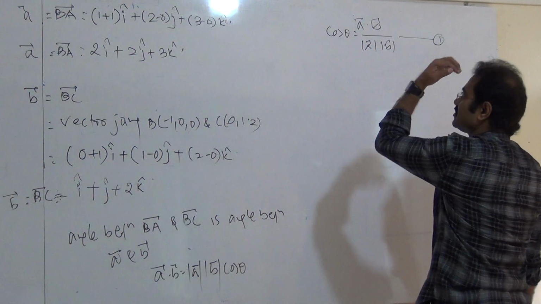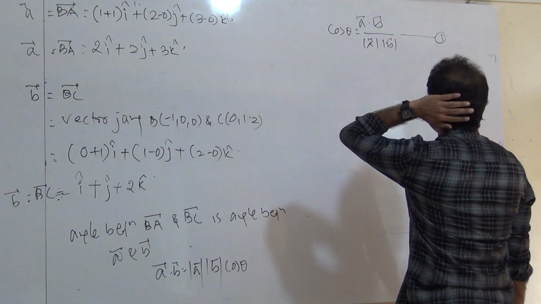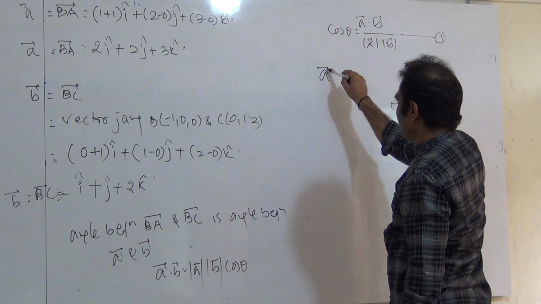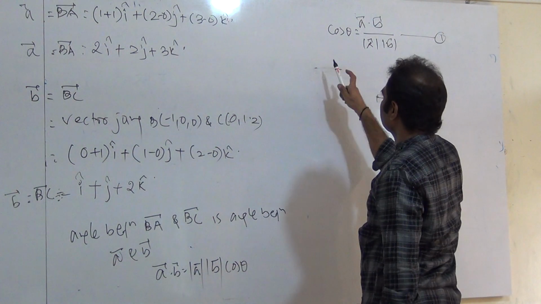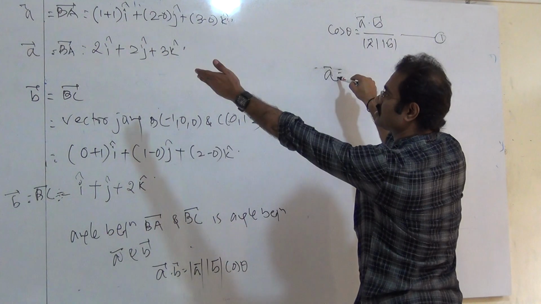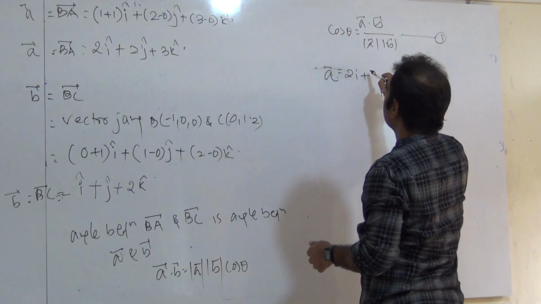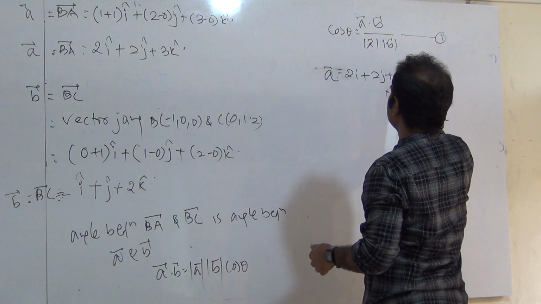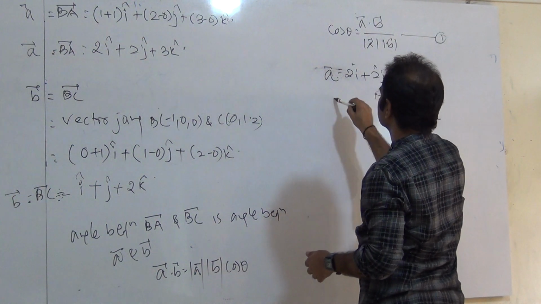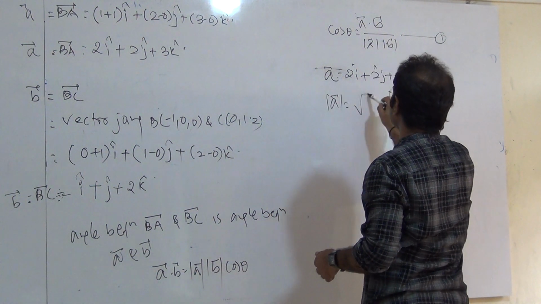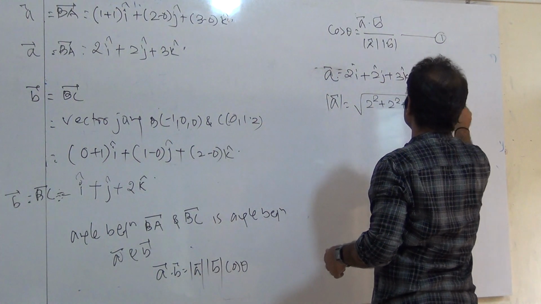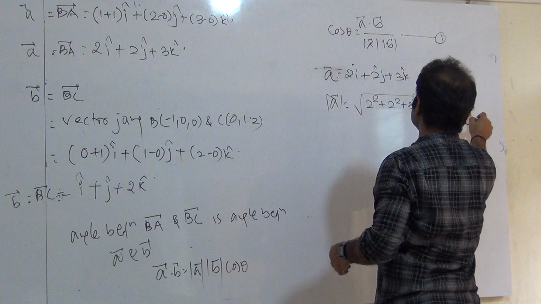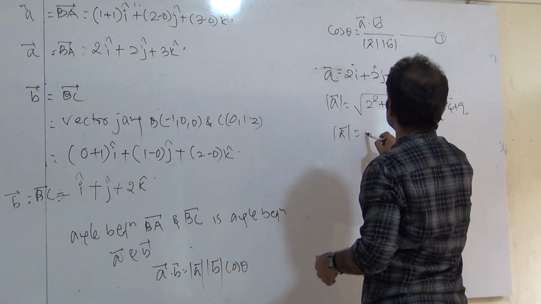Now I substitute and find the value of A dot B. This is A. A is equal to how much? 2i plus 2j plus 3k. Its magnitude is equal to square root of 2 square plus 2 square plus 3 square, that is 4 plus 4 plus 9. Magnitude of A is equal to root of 17.